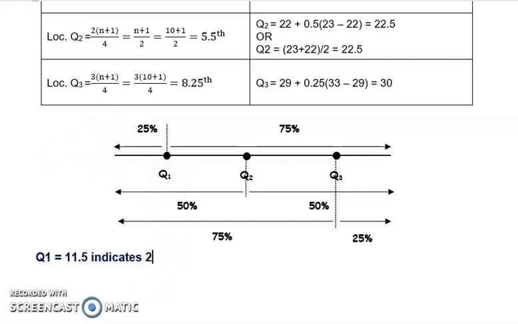So 25% of the tourists are younger than 11.5 years old, and the other 75% will be older than 11.5 years old.